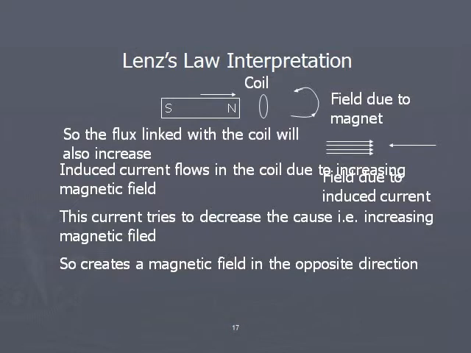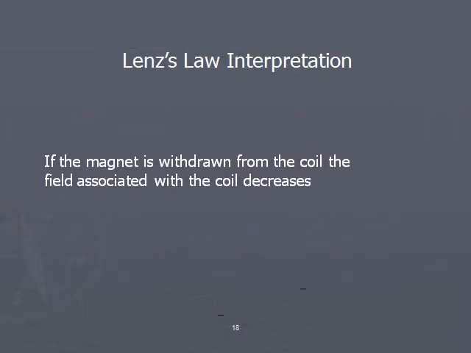Let us take the other case. Suppose the magnet is withdrawn from the coil. The magnitude of the magnetic field associated with the coil decreases. Though the direction is from left to right, the magnitude of this magnetic field decreases.